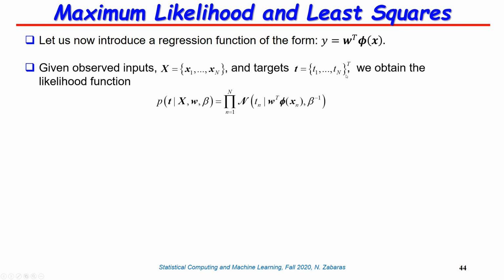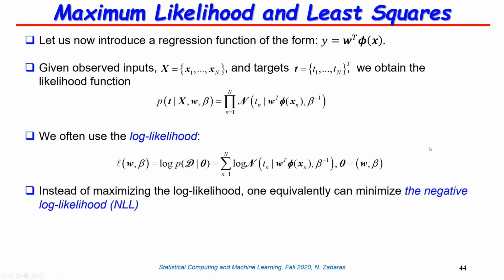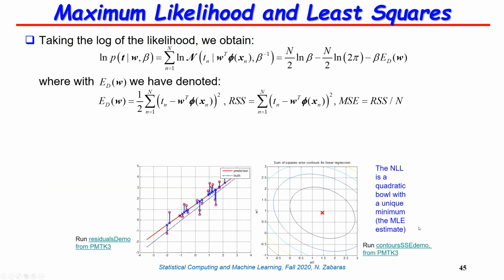And I have these targets, and I assume the targets are real numbers. So this is my likelihood model. We take the log likelihood, it looks like this, nothing different from what we did before. Or if you prefer, you can minimize the negative log likelihood, which looks like that. All the same things for me.